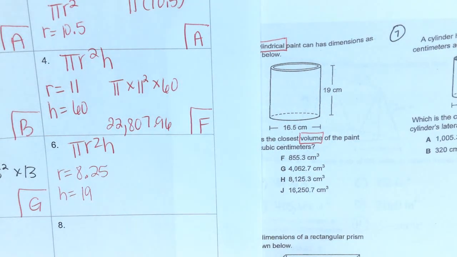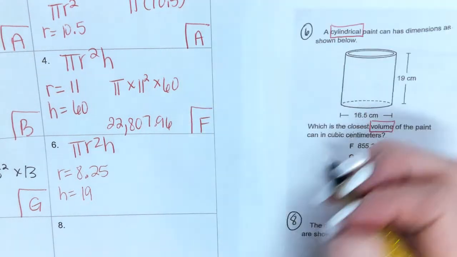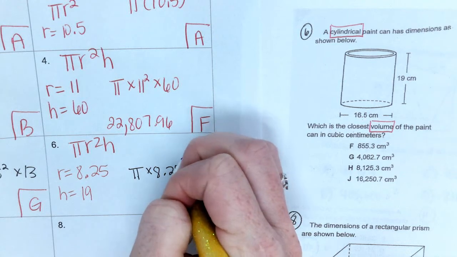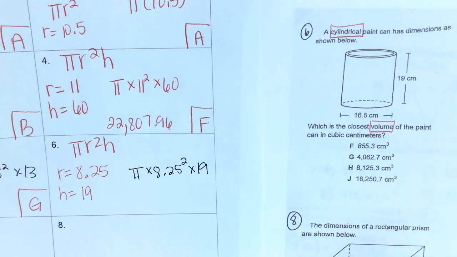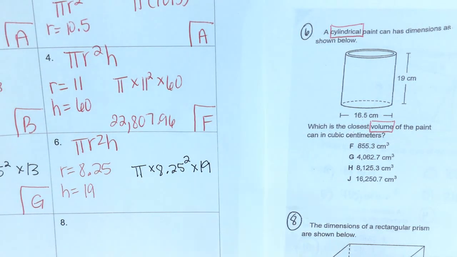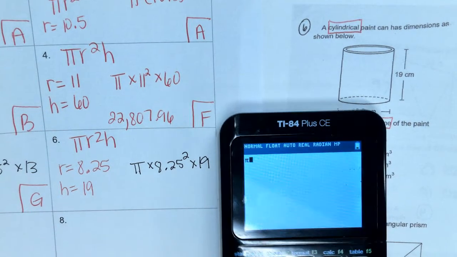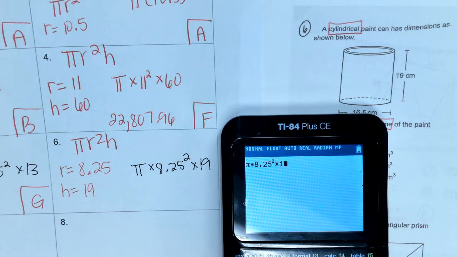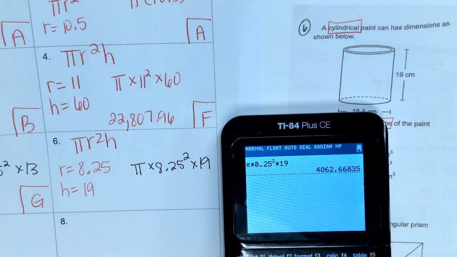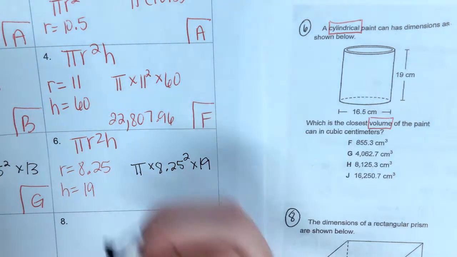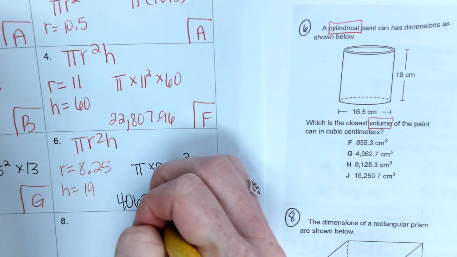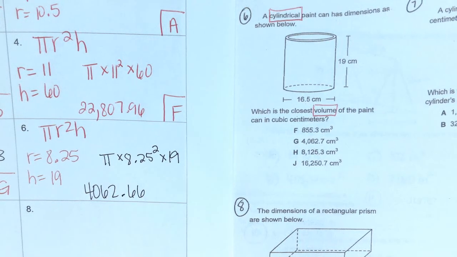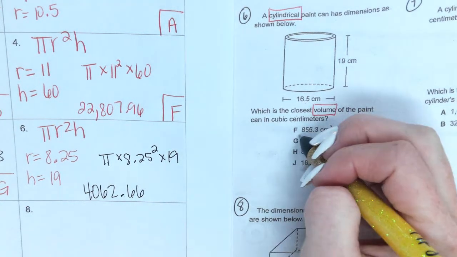Now I plug it into my formula and I do pi times 8.25 squared times the height. Pi times 8.25 squared times 19. There's my answer, 4,062.66 or so. So which answer was the closest? G.